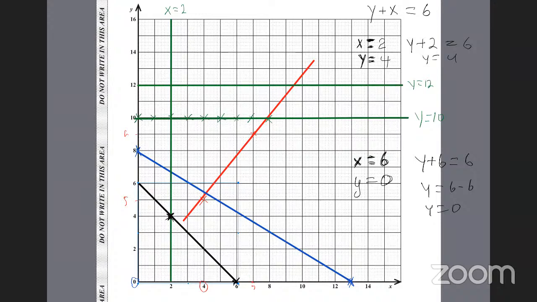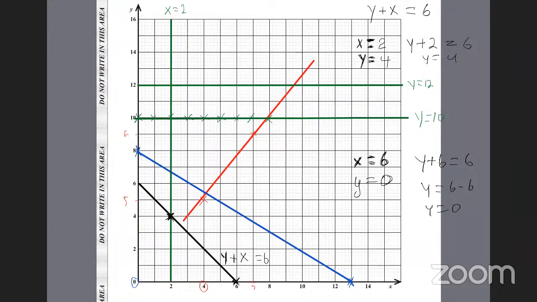Go ahead, plot this one. Do it in your book. So that black line there is X plus Y equal to 6. This line here is Y plus X. Oh, wait, I forgot.